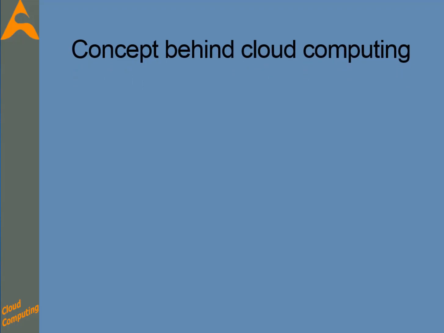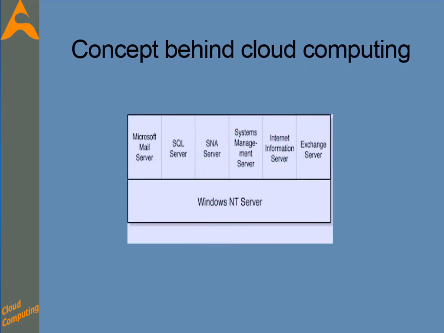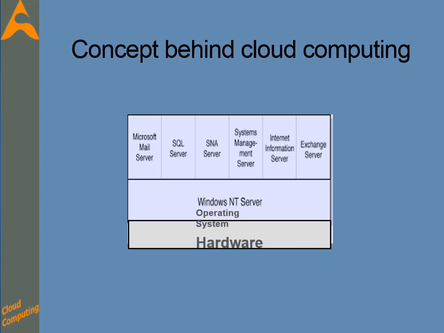In a traditional physical computing environment, software such as an operating system or enterprise application has direct access to the underlying computer hardware and components including the processor, memory, storage, and so on. As we know, Microsoft Exchange Server is a mail server and calendaring server developed by Microsoft.